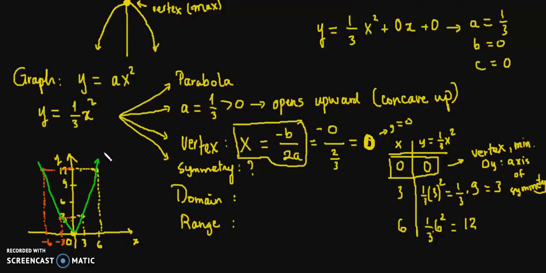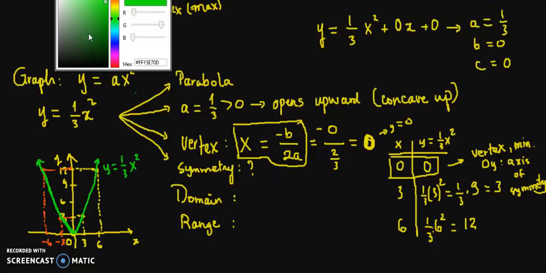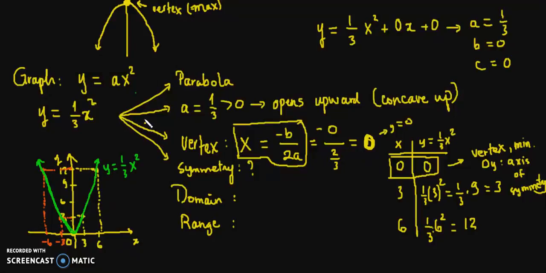Okay, so this is, sorry, it has to be, okay, so this is y equal to 1/3 x squared.